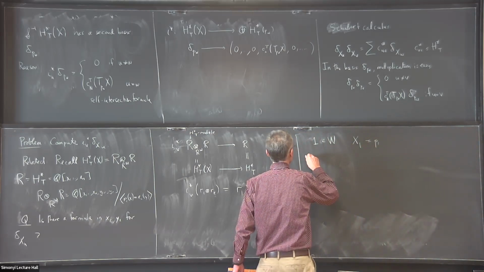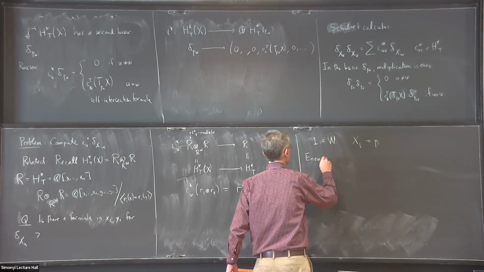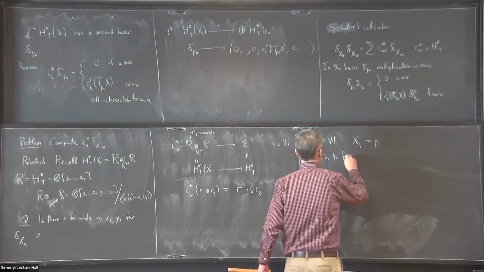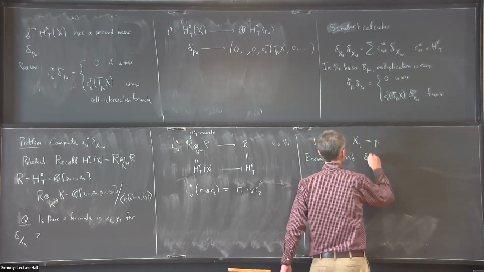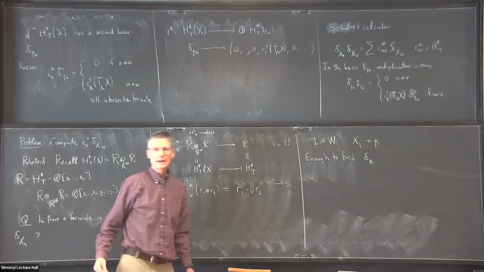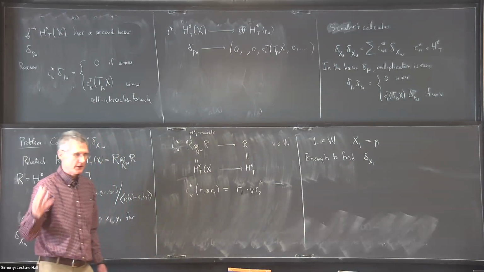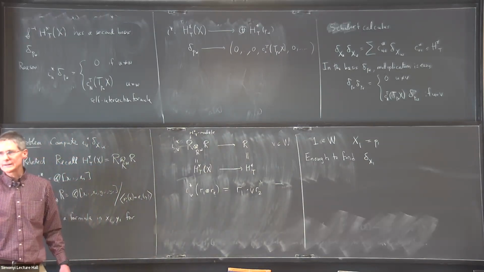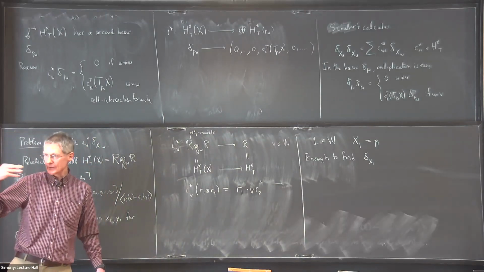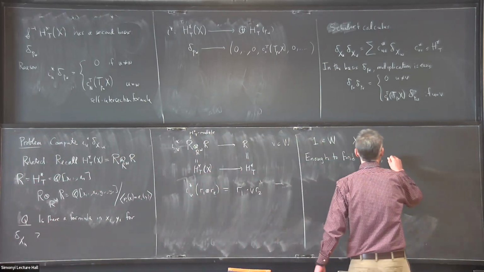What Fulton realized was that it's enough to find a formula for delta of X_1. Because if you find a formula for delta of X_1, then there are operators called divided difference operators, which I probably won't have time to talk about today, with which you can find all the other formulas. So it's enough to find a formula for this one and then apply them.